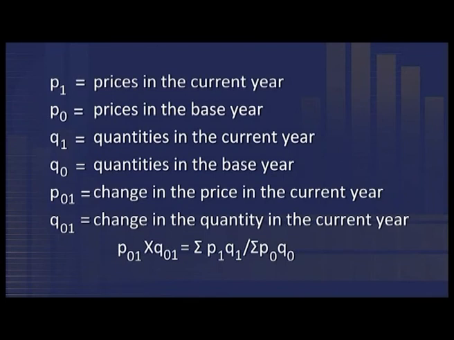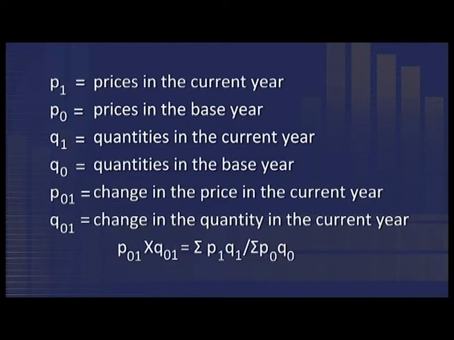Let us assume that P1 and P0 represent the prices and Q1 and Q0 represent the quantities in the current year and base year respectively. Then P01 represents the change in the price in the current year and Q01 represents the change in the quantity in the current year.